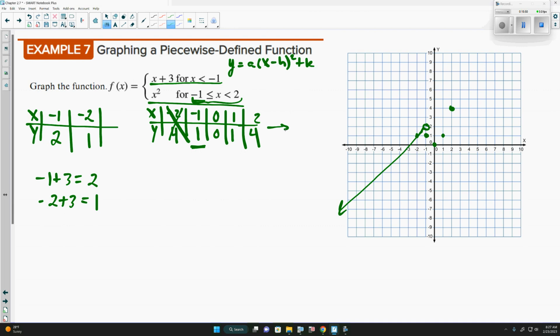So we don't have anything bigger than 2, do we? So this function goes from here to here. But at that point, it is open. Let me see how this works. Because that would be the final answer.